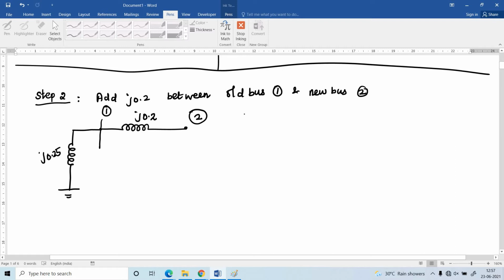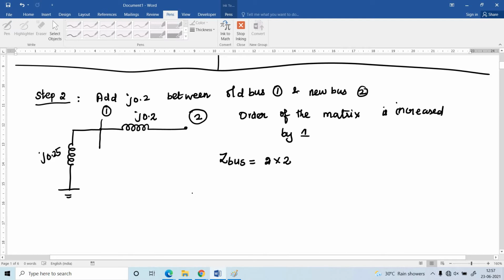New branch is added, so the order of the matrix is increased by 1. So ZBUS has the order 2, 2 cross 2. I am going to write the new ZBUS matrix.